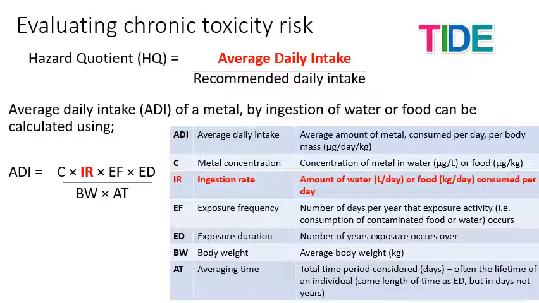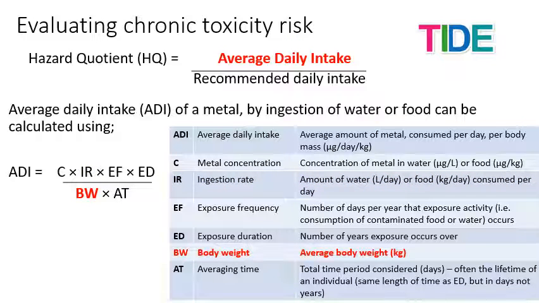IR stands for the ingestion rate, which is the amount of water or food that is consumed by this group of people per day. The ingestion rate is likely to vary between different groups of people depending on their lifestyle, and so it's desirable to obtain local knowledge to set this variable. For example, people living in different areas may eat different amounts of rice and fish in their daily diets.